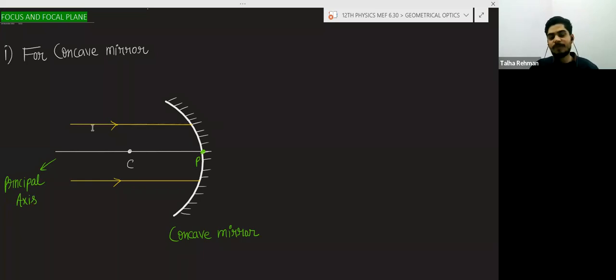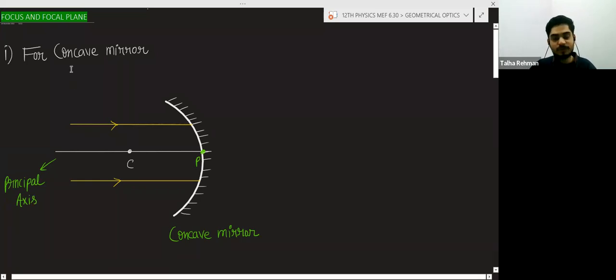So how do we define the focus for the concave mirror? Basically, take rays of light parallel to the principal axis. You can take any number of rays of light, but the condition is that those rays must be parallel to the principal axis.